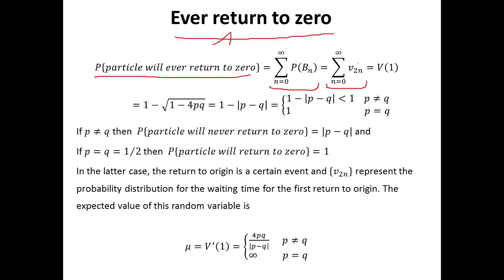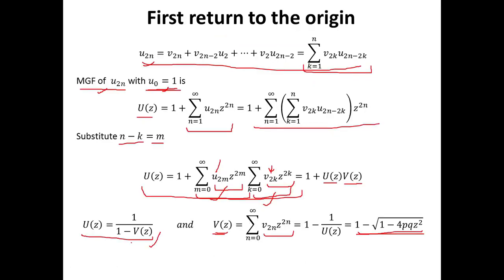Now here we are calculating the summation of v2n, meaning in the previous expression we substitute z equals to 1. Then you get that the summation of v2n equals V(1) by substituting z equals 1, and you get 1 minus the square root of 1 minus 4pq.